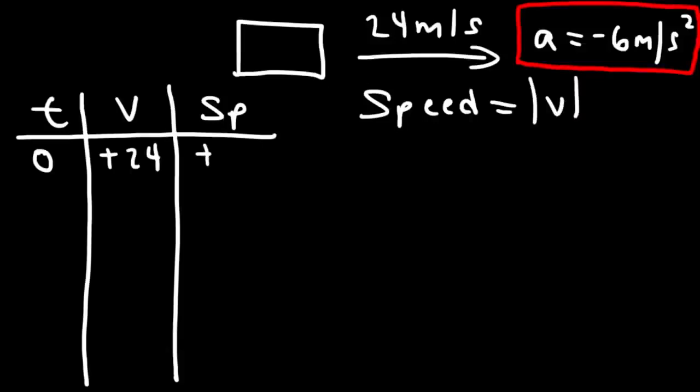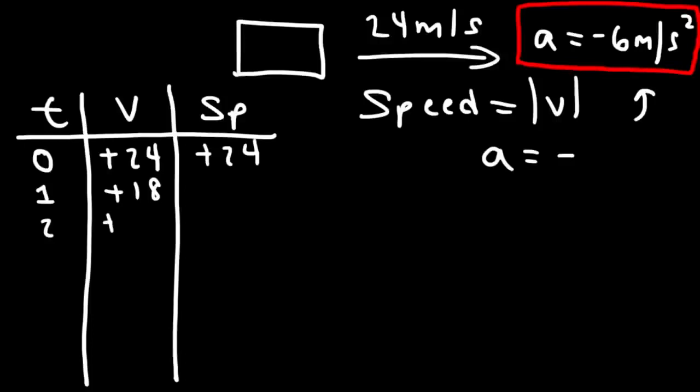So the speed is positive 24. Now 1 second later, what will be the new velocity? Well, the acceleration is negative 6. And recall that if acceleration is negative, the velocity will be decreasing. So it's going to decrease by 6. So 24 minus 6 is 18.